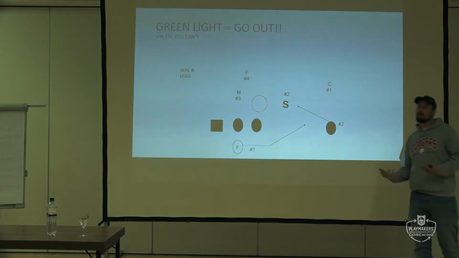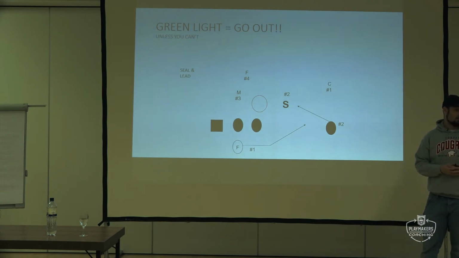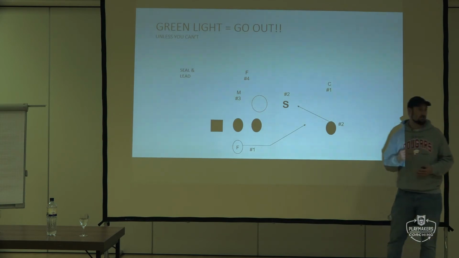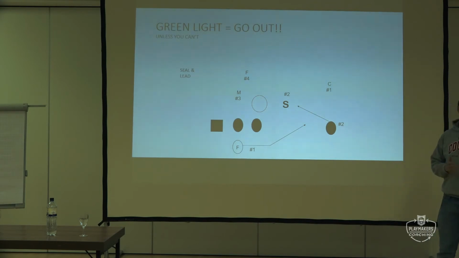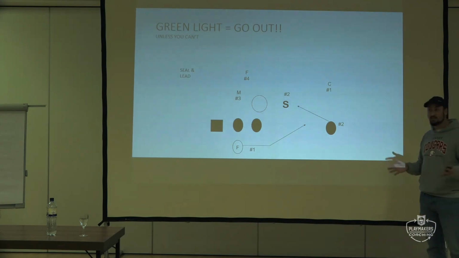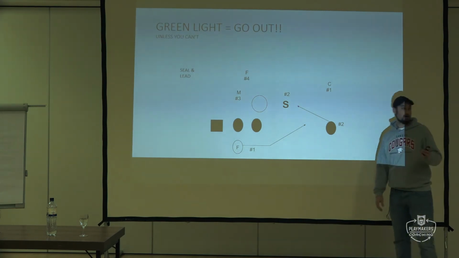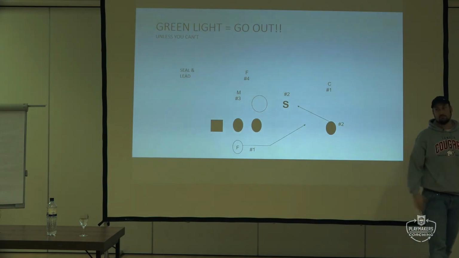That gives us the ability to change our blocking scheme based on the movement of the defense. It gives us the ability to change it throughout the game very easily. Okay, we're going to run green sweep 21. This time we're going to run green sweep 41 because the safety's flying down. Fine.